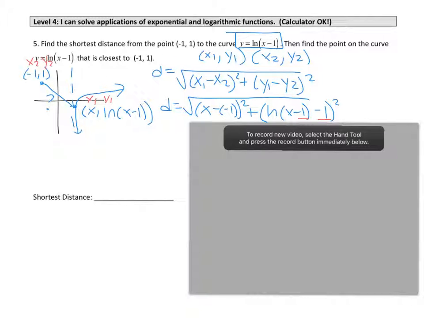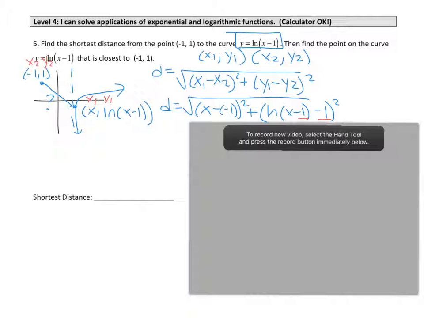Now to minimize this distance, I want the shortest distance. I have to find the minimum point. So I go Menu, Analyze Graph, and minimum. And then when it says lower bound, I need to be to the left of the minimum point, and then upper bound, I need to move to the right of the minimum point.